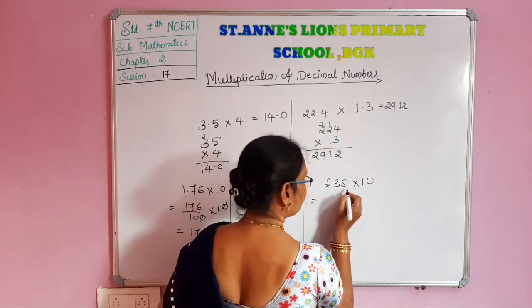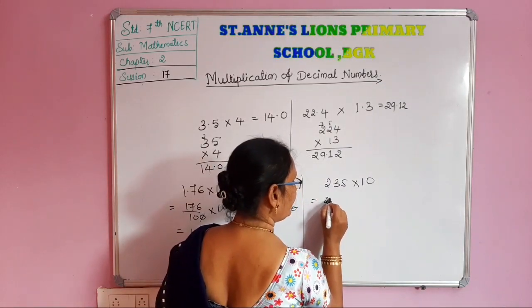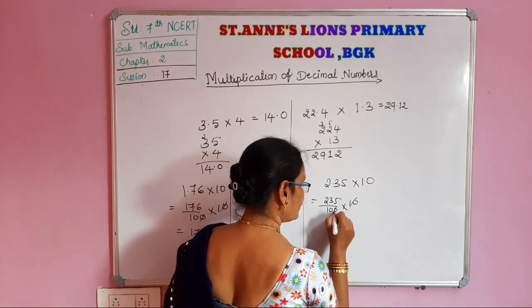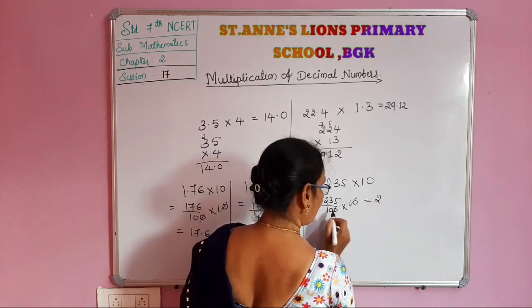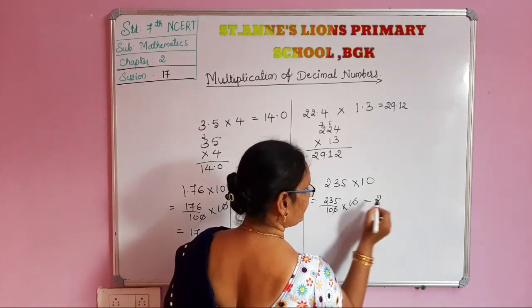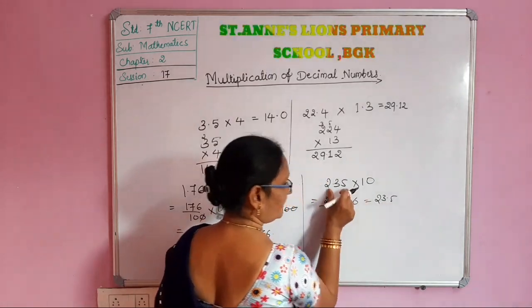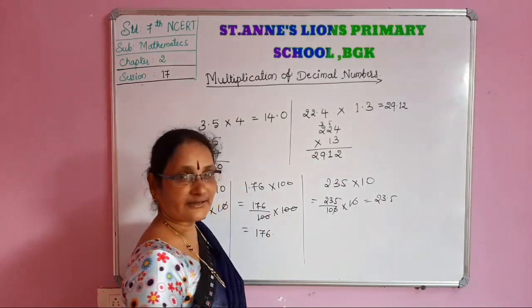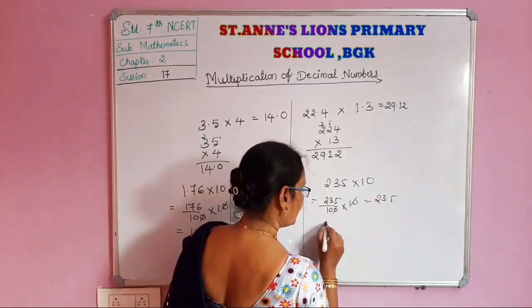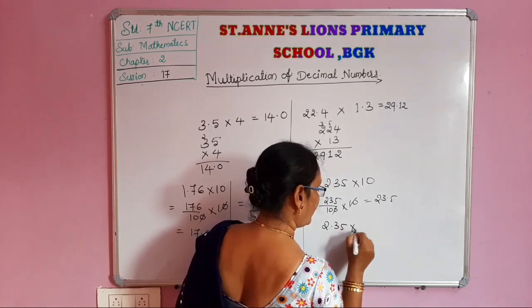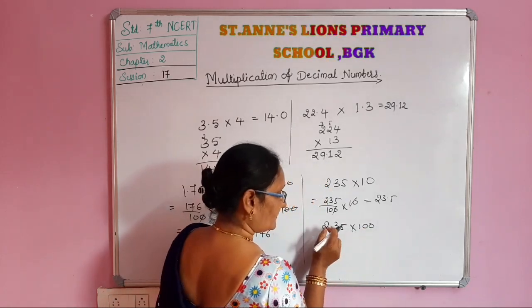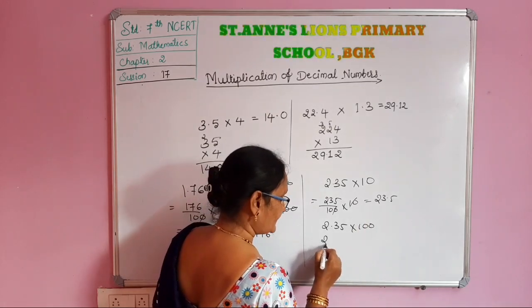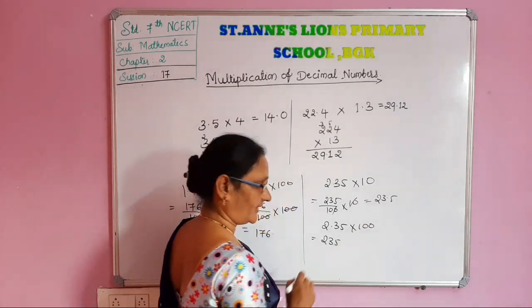This is nothing but 235 by 100 into 10, the 0 cancels. So 23.5. The same way 100: 2.35 into 100, the point goes forward two places. That means the answer is 235.